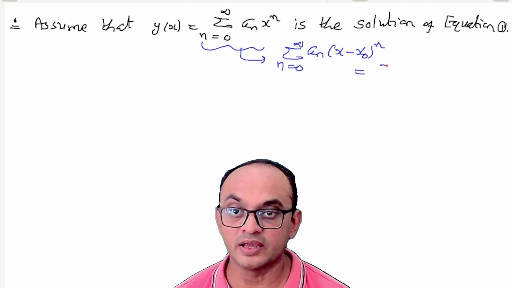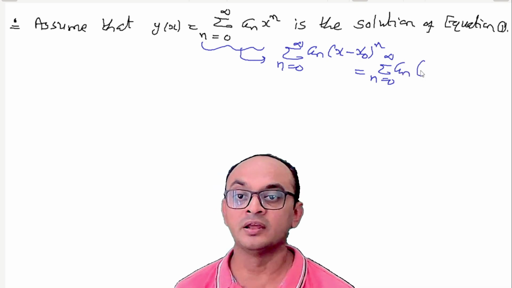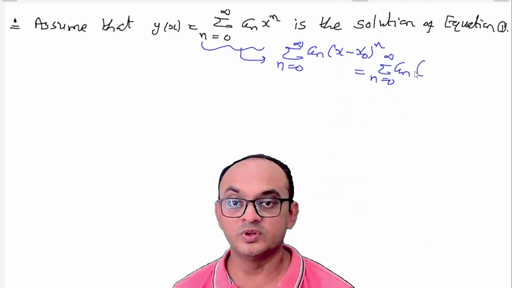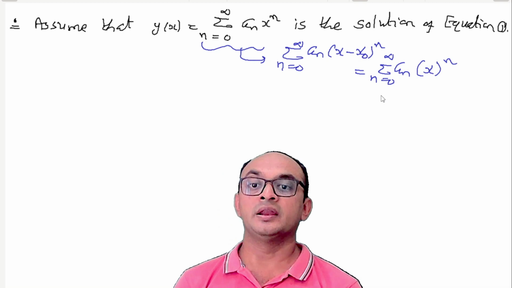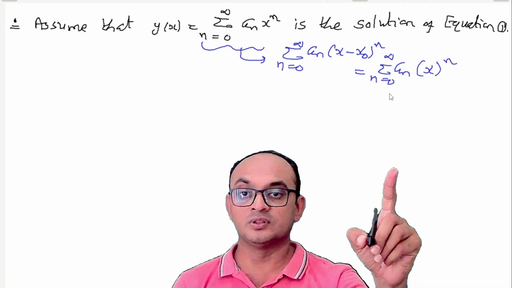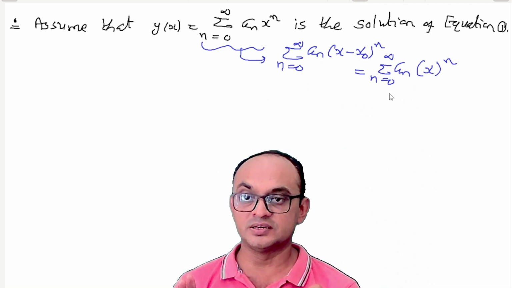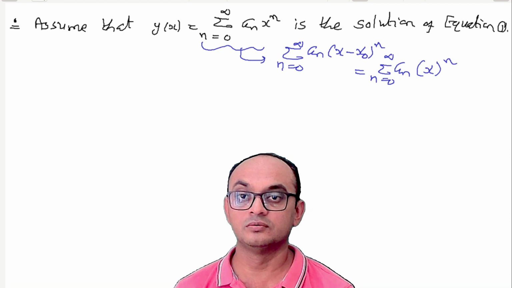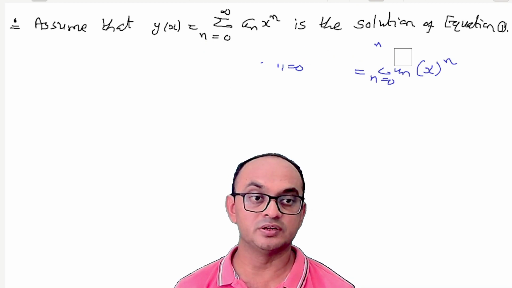So when I substitute x0 equal to 0, this is summation n equal to 0 to infinity a n into x minus 0, which becomes x, a n into x raised to n. So I have mentioned this quantity directly, that this is the format of the solution. Now let us see what this quantity actually is.